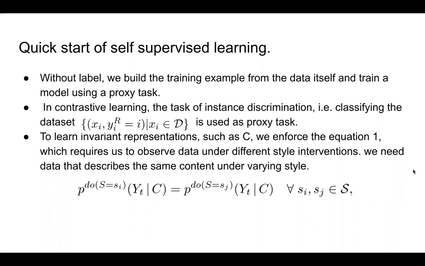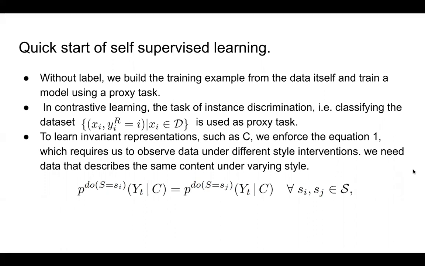Then, as we said, we want to learn invariant representations. So we want to enforce equation one. Equation one is just the previous equation we just said, and I also put it here. This equation requires us to observe the data under different style interventions.